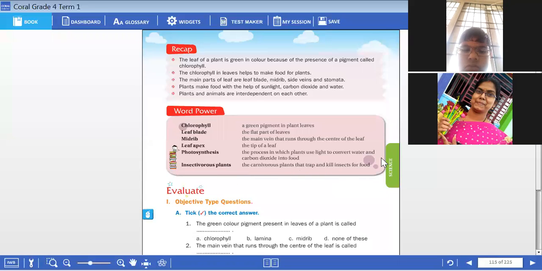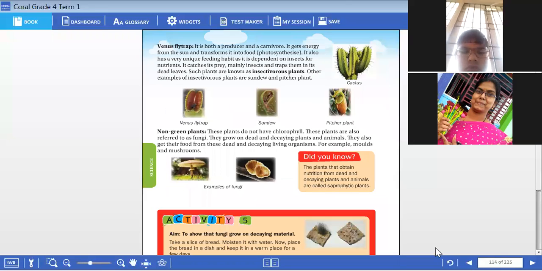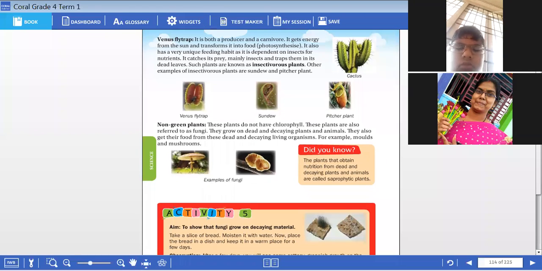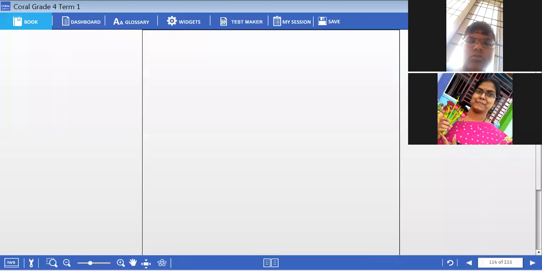See children, this plant, Venus flytrap, and these kinds of plants are known as insectivorous plants. And these non-green plants are called fungi or saprophytic plants. This is up to today's lesson, children.